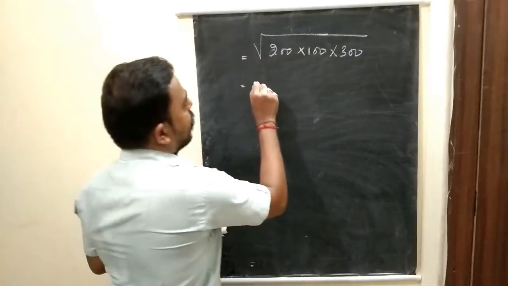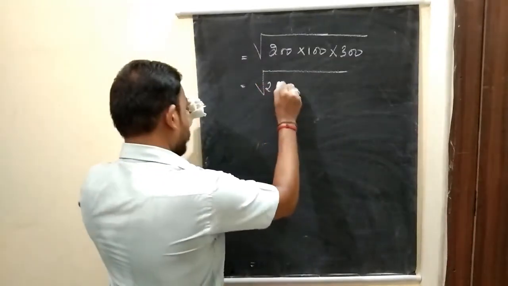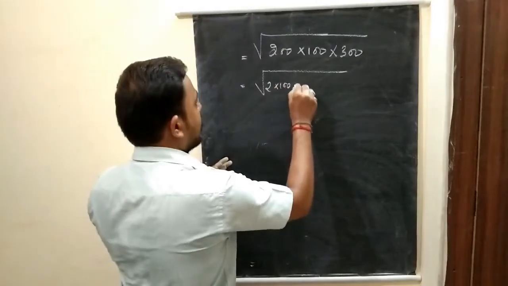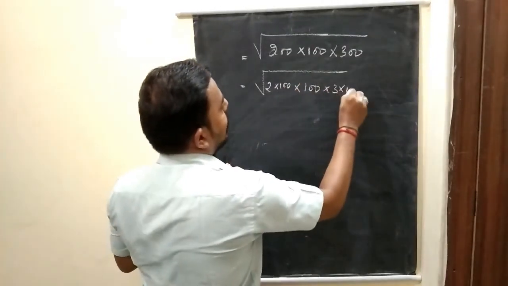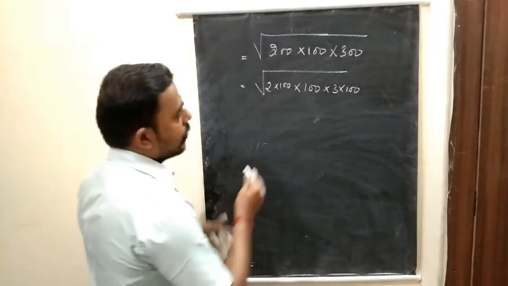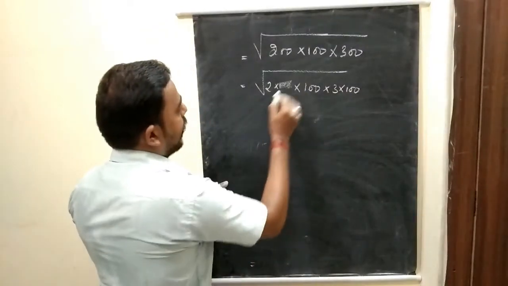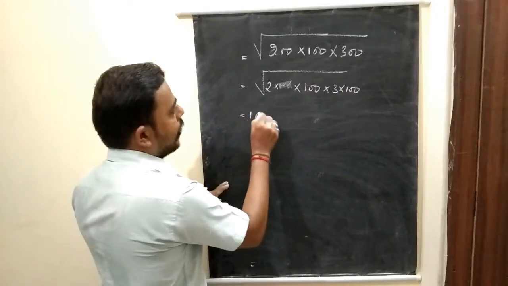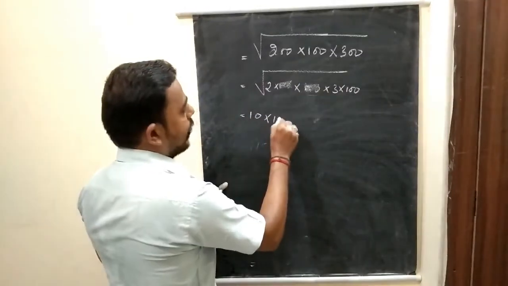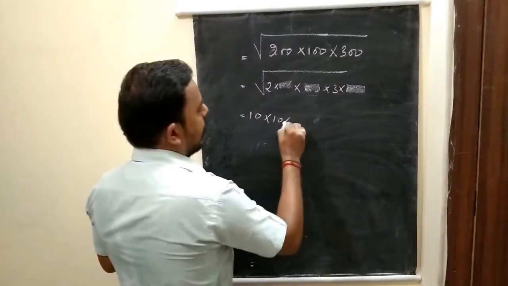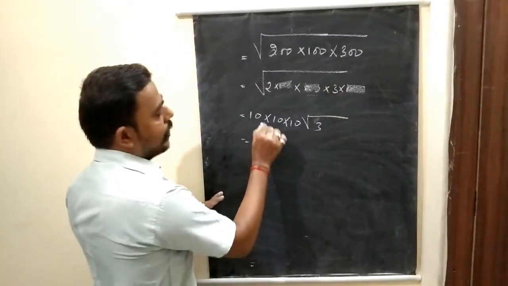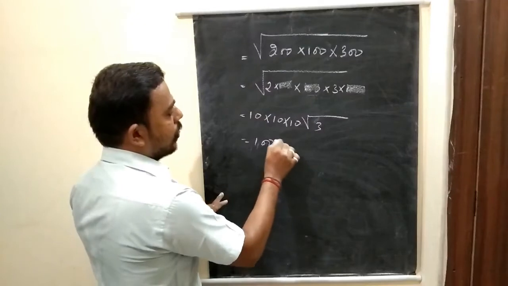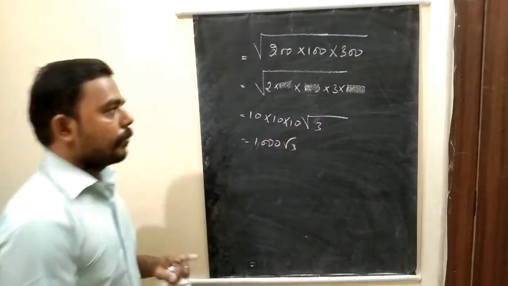For 100, already it's a perfect square. So 2 into 100, like that, right? This is 100 already, no problem. 3 into 100, like that, right? So for this 100, 10 into 10, so 10. For this 100, another 10. For this 100, another 10. Now write 2 into 3. That is 1000 root 6. That is the prime factor division I have given.